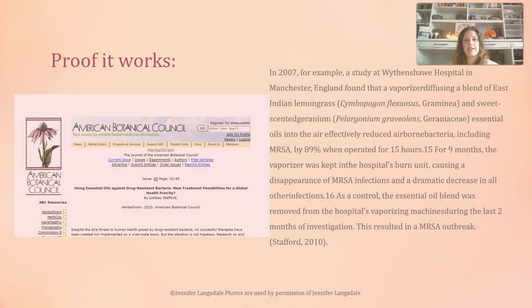So within this, we did get assigned a wonderful article to read about the use of essential oils against drug resistant bacteria, and I wanted to include that in here, that there was a study done in a hospital setting where they were running lemongrass oil for it looked like 9 months consistently in, I believe it was a burn unit.